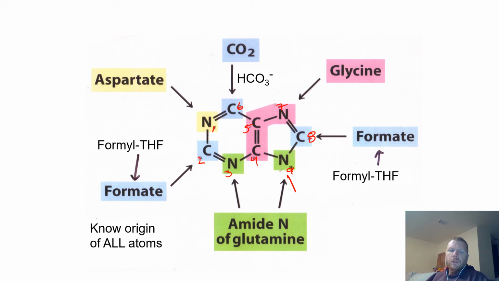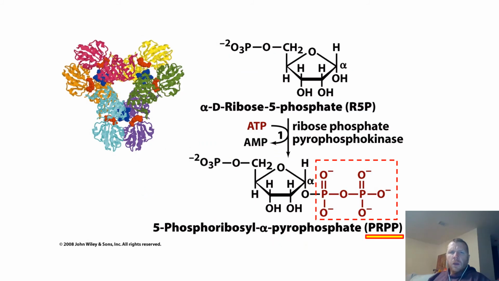Okay, so we've got sources that are kind of all over the map. We've got aspartate, glycine, and glutamine that are contributing atoms. We've got formate that's contributing atoms, and then we've got a CO2 that's going to be contributing an atom. So we've got amino acids that are contributing, as well as formate, or specifically formyl THF, and carbon dioxide.